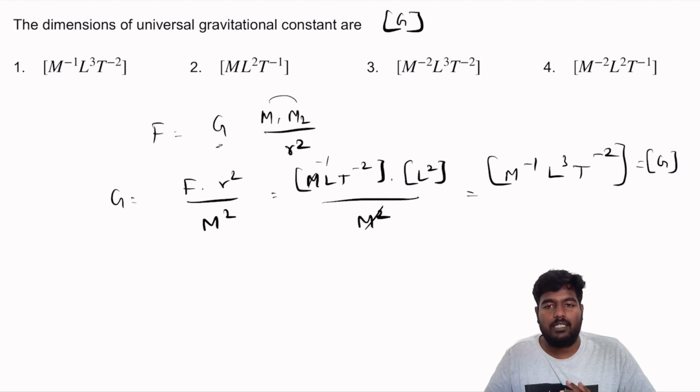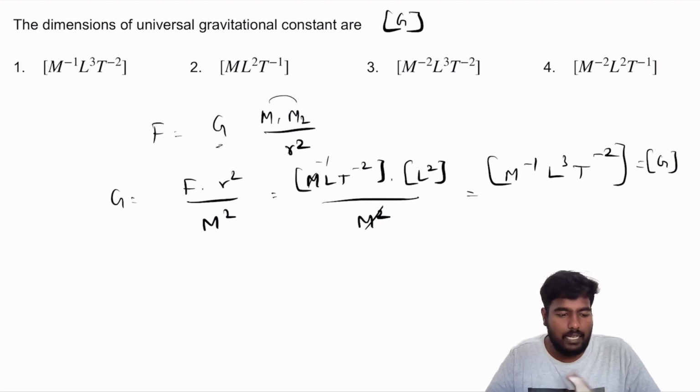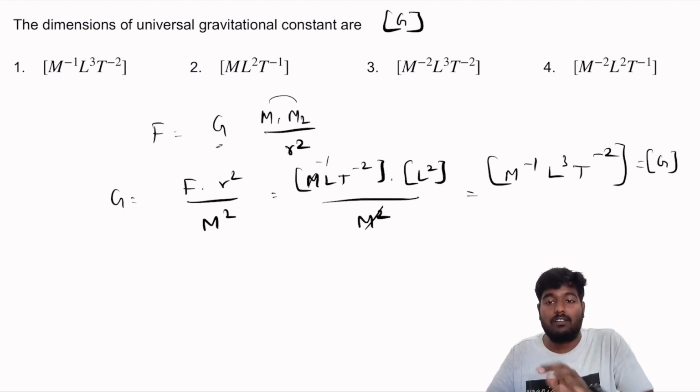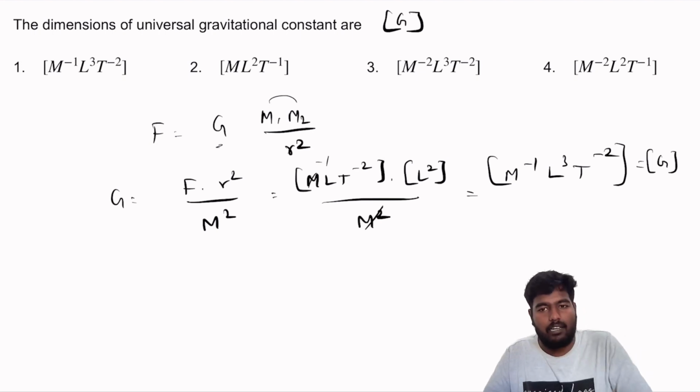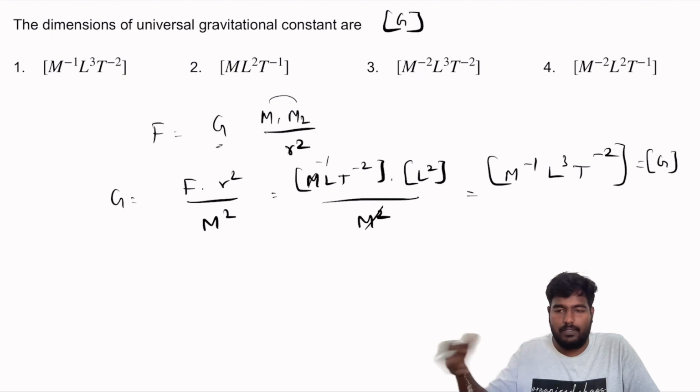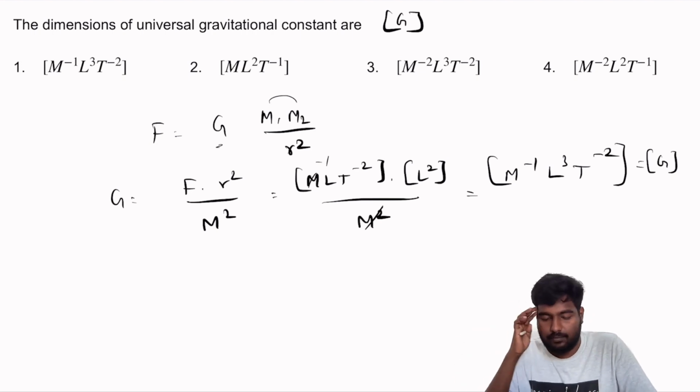You will remember; even if you cannot remember, you just learn how to do this from the formula. This will help you a great deal, because most of the complicated questions in dimensional analysis will involve somehow either this Coulomb formula or this gravitational constant. So we'll see in the following questions.